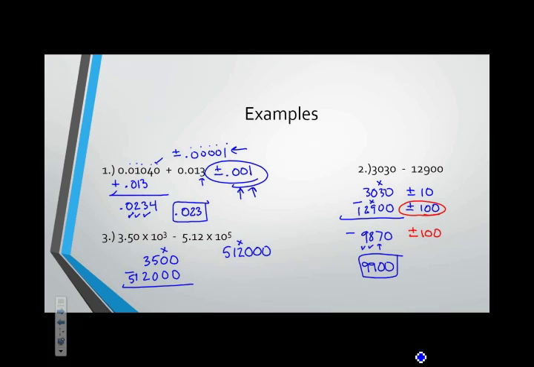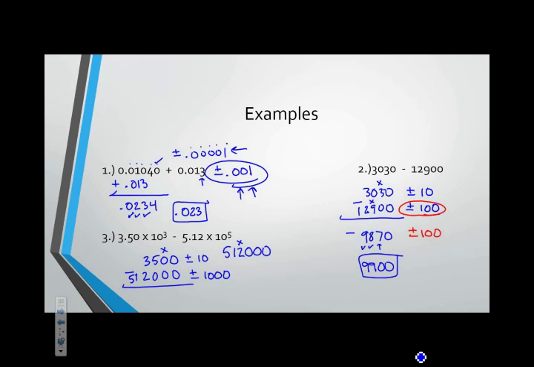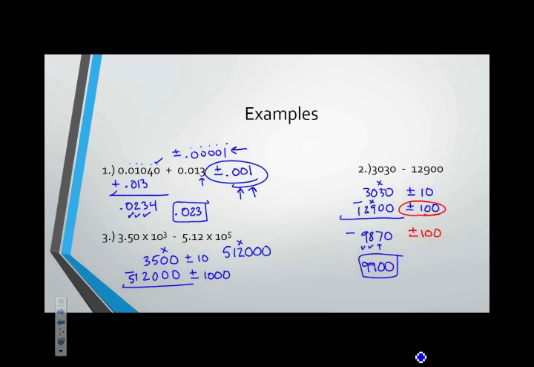There's my number. And we can see the uncertainty in the first number, that middle 0, is plus or minus 10. The uncertainty in this number is plus or minus 1,000 because my last significant figure is the 2 and it's in the 1,000s place. So I take 3,500 and subtract 512,000, and I get a big negative number.